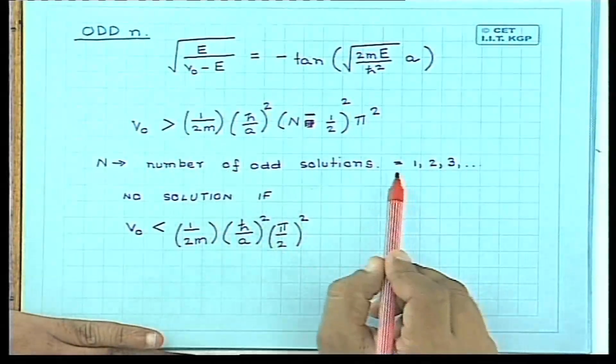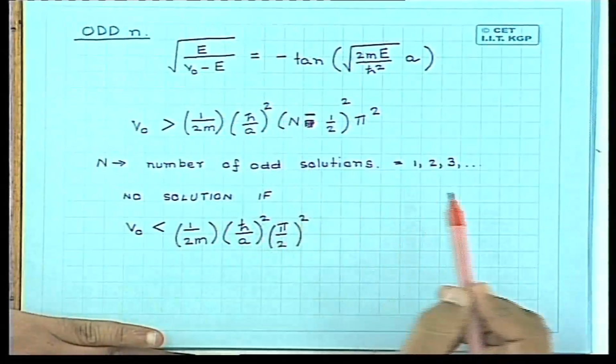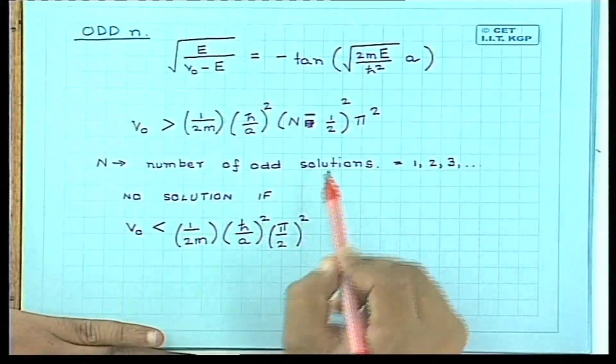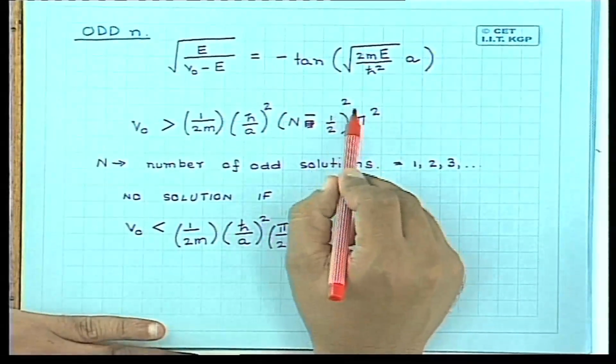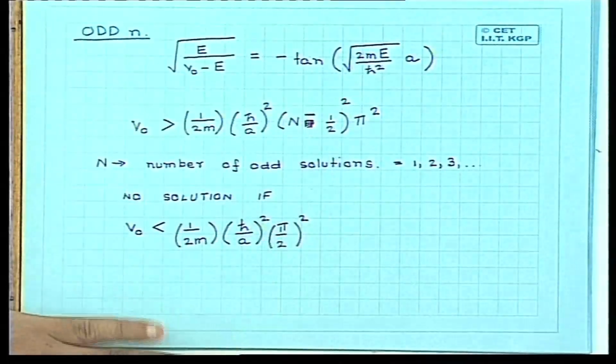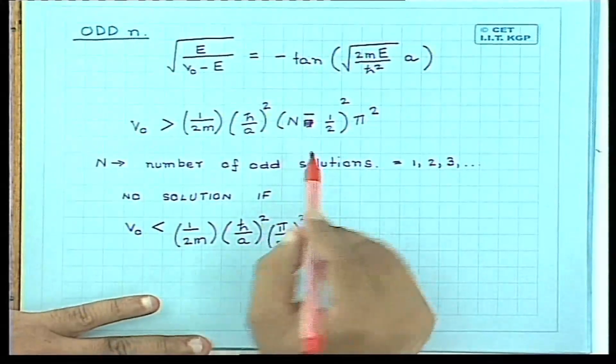And n could be 1, 2, 3. So if n was 1, you would have one solution. If n were 2, you would have 2 solutions. So n minus half whole squared is what appears here. And if n is 1, that is you only have one solution, then you get half here.